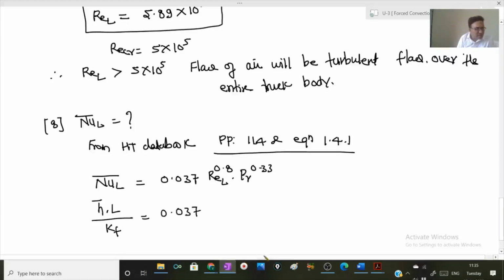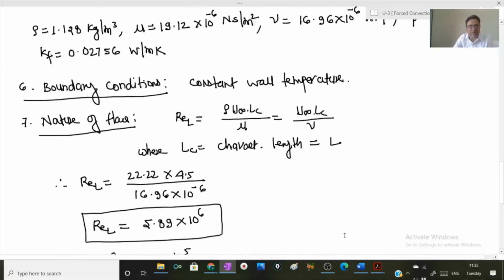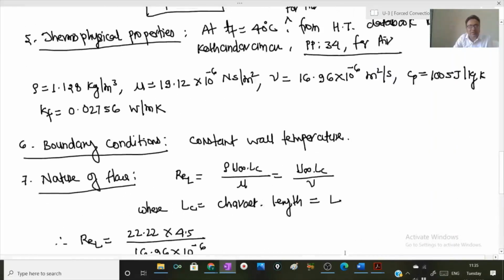0.037. The value of Re_L is 5.89 into 10 to power 6, power 0.8, and Prandtl number is 0.697. I could not write the value of Prandtl number fully, and it is 0.697.